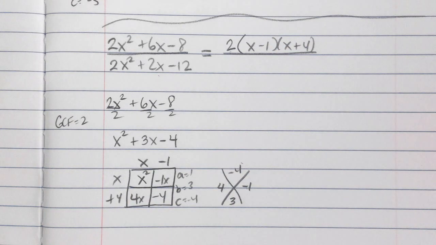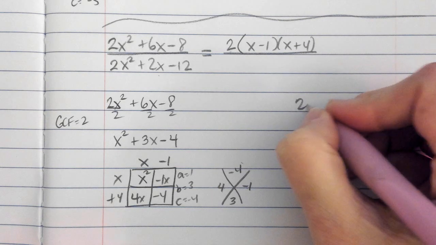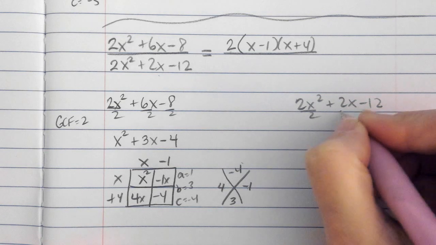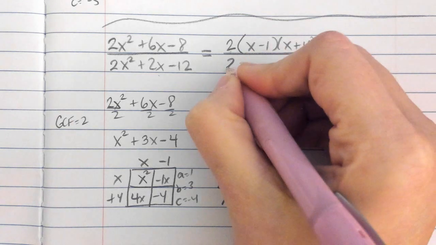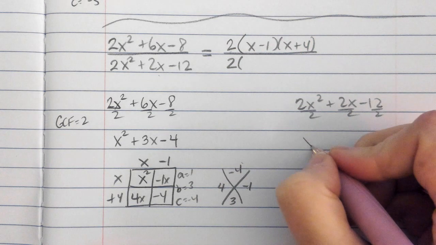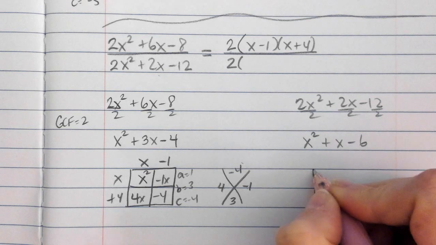Okay, so there's my first, there's the top. I need to go ahead and do the same thing with the bottom. I have another GCF of 2 there. So I already see one factor that I can cancel out. X squared plus x minus 6.